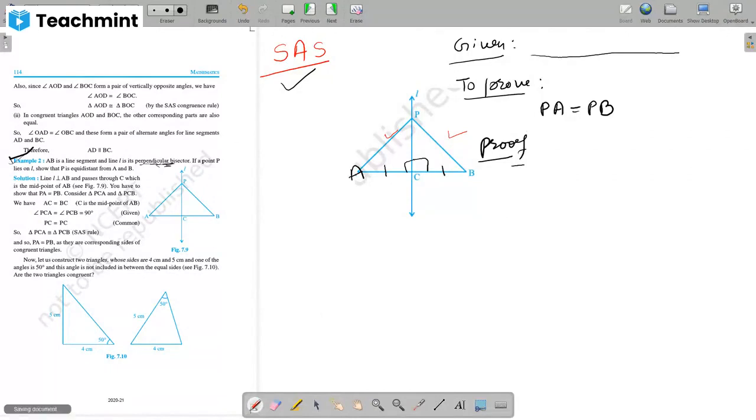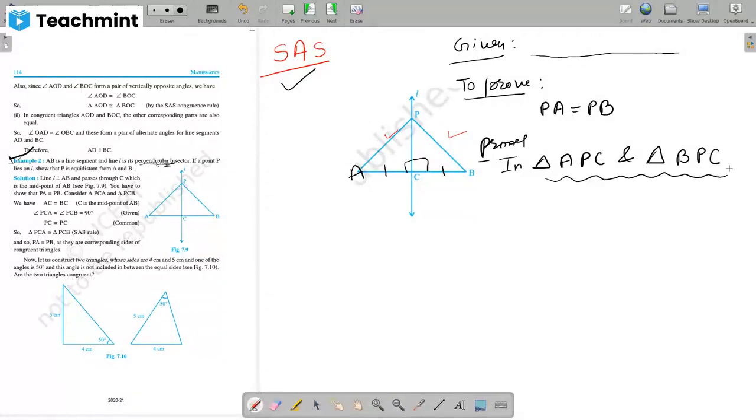The same thing I'm going to write here in the proof. So we will write, in triangle ABC and triangle BPC. Be careful: during consideration you can change the order, but when you write the congruency symbol, you cannot change the order.